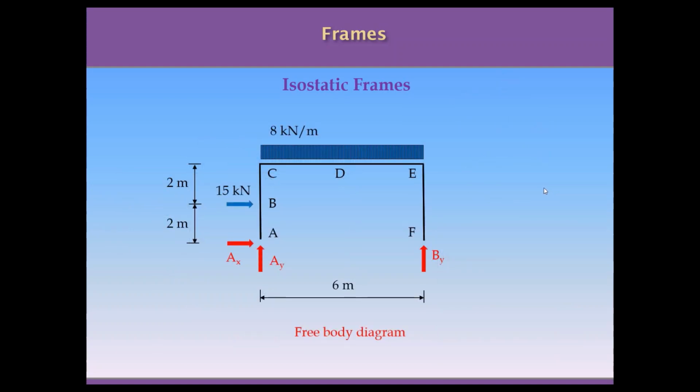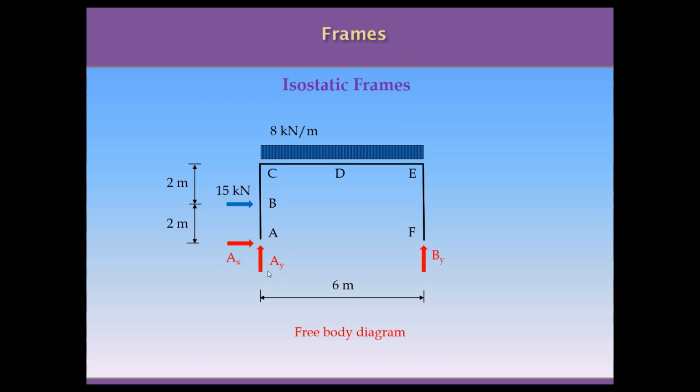So in order to calculate any structure, as you know, as we did previously with simply supported beams and cantilever beams, we need to first sketch the free body diagram. This is a very important step in order to start writing the equations of equilibrium.